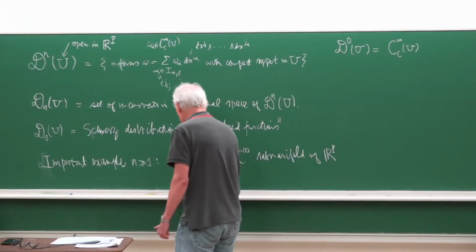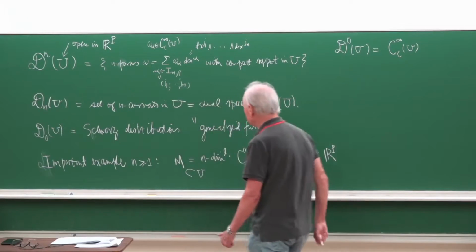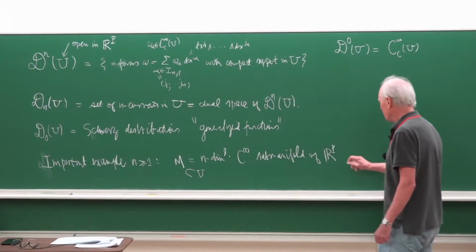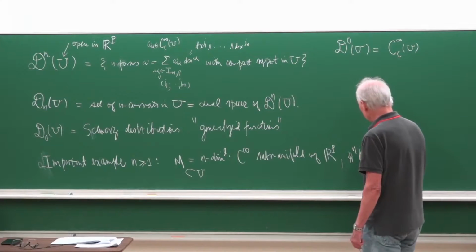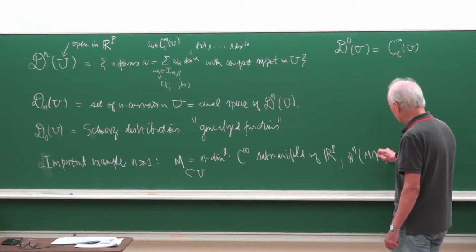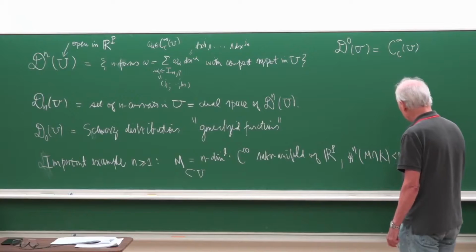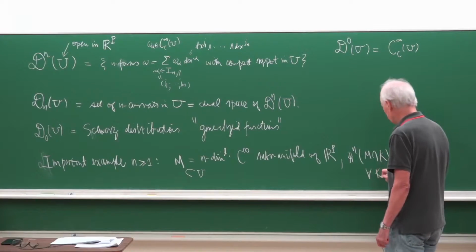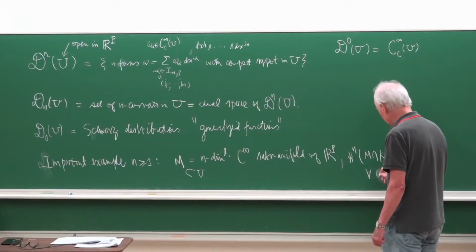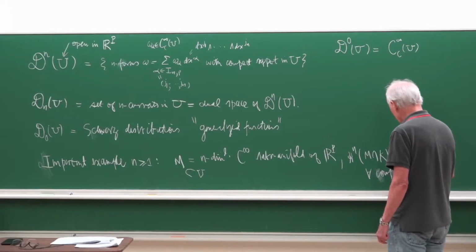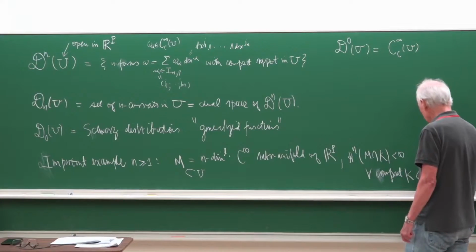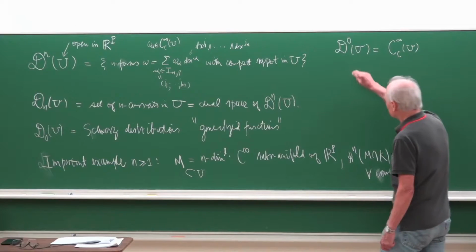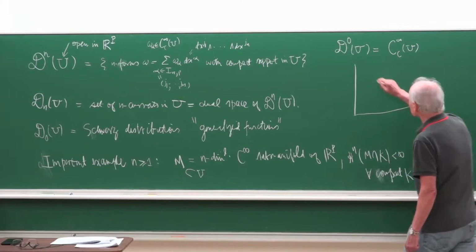And suppose it's contained in our open set U, and suppose it has the property that H^n, the Hausdorff measure of M intersect K, is finite for every compact K contained in U. Then there is one of these currents.